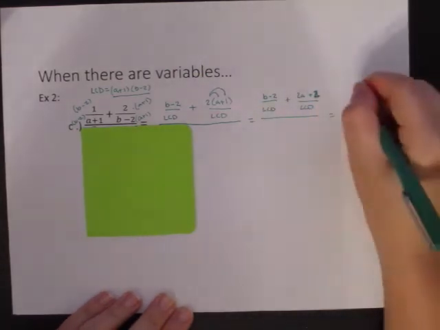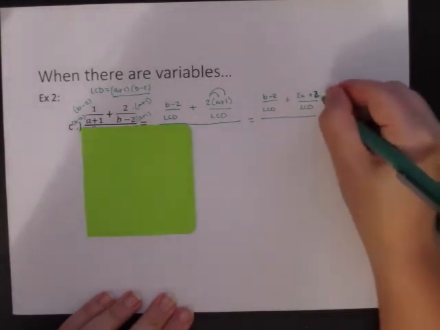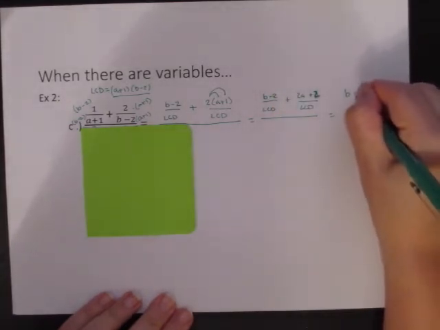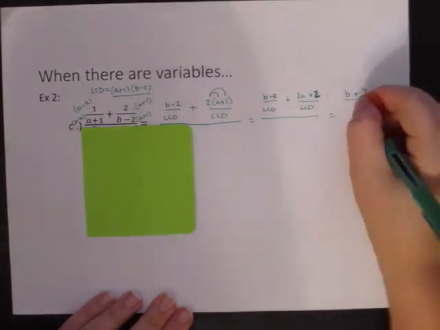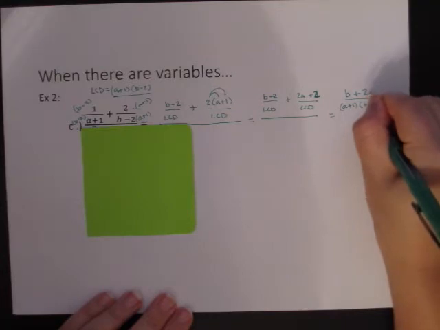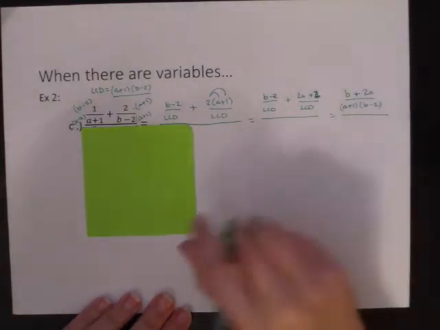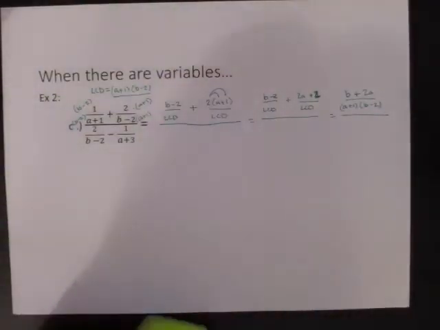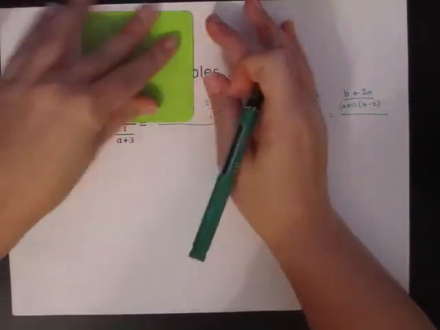When I bring it together, I've got b, my minus 2 and my plus 2 cancel out, so I'm just left with plus 2a over my LCD, which is a plus 1 times b minus 2. Okay, so I've cleaned up my numerator as much as I possibly can, so I'm going to cover it up, and I'm just going to focus on my denominator now.